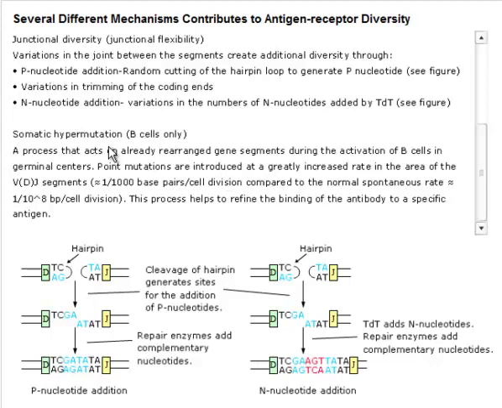But you can see that within this B cell region of the genome, so within either the lambda region, the kappa region, or in the heavy chain gene region, you can see that there's a heightened propensity for mutations to occur within these regions. So they've increased from about 1 in a million to 1 in 1,000 per cell division.